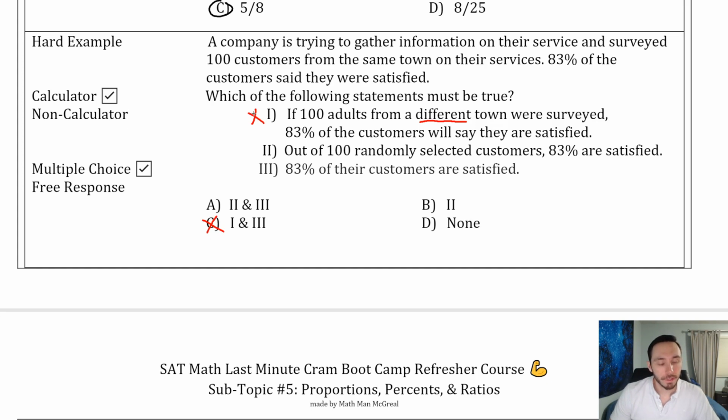All right, so the second scenario: out of 100 randomly selected customers, 83% are satisfied. This one's really tempting. Like, why not? Here in this town, 83% were satisfied, so if you just select another 100, wouldn't it also be 83%? Not quite. These 100 people in this town do not represent everyone.